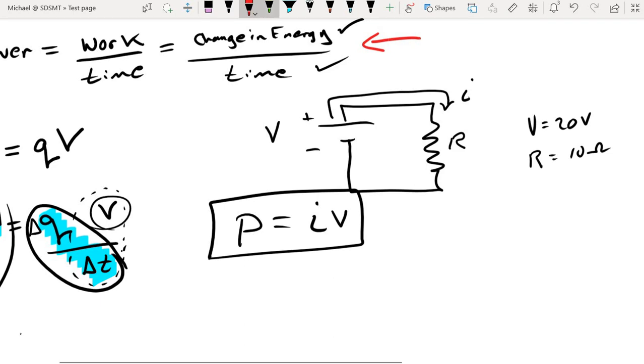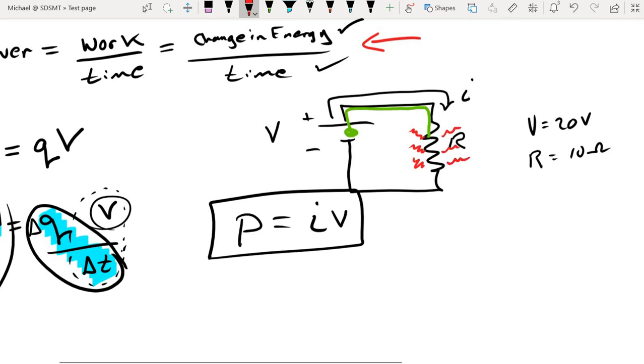What we are doing is taking energy out of the battery. So our battery has stored some amount of potential energy, but then when all of that charge gets to the resistor, that's when the material of the resistor starts to resist the flow of current, and that causes quite a bit of friction which is going to generate some heat.